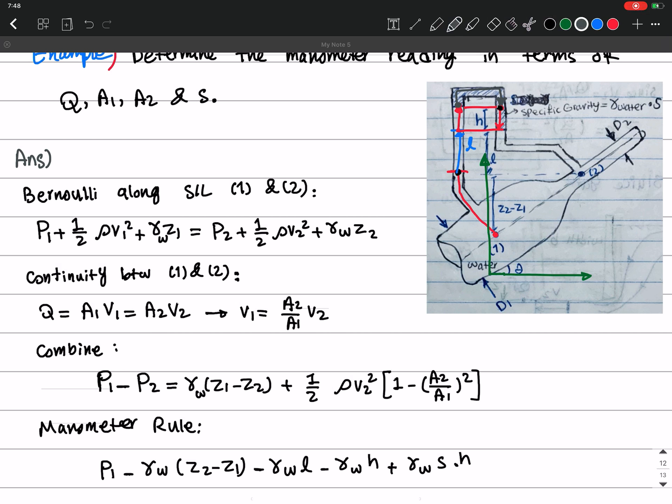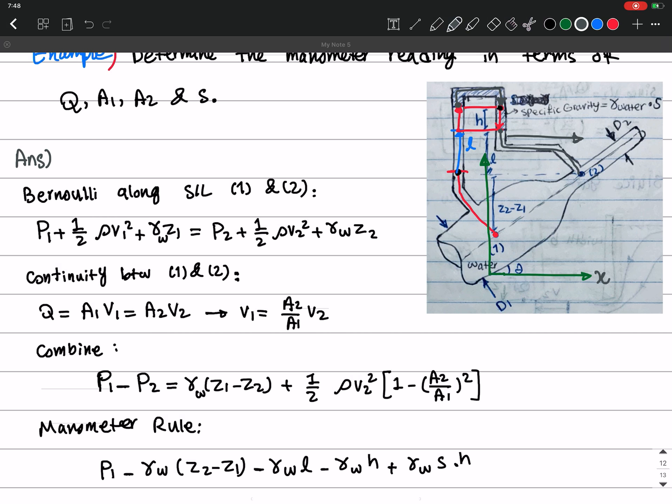And then from this point to this point, it doesn't matter how much you go horizontally in the flow, right? We know the hydrostatic pressure is not a function of horizontal distance. It is only a function of depth. So it doesn't matter how much you go in the x direction.